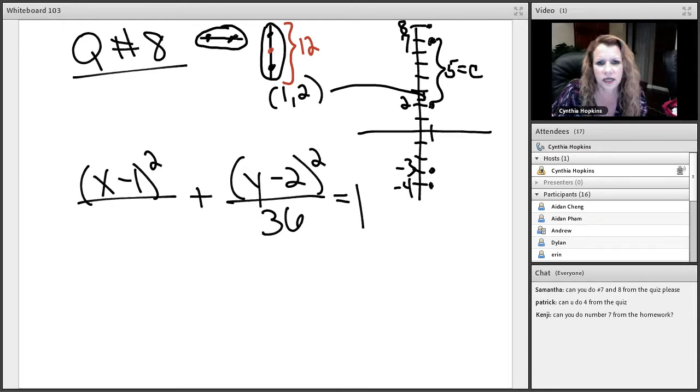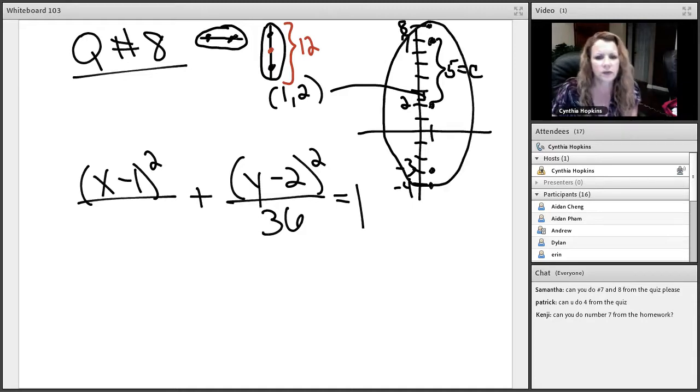And so I'm just going to kind of arbitrarily draw my ellipse without knowing what my x radius is yet. All right, so there's my ellipse, and I don't know what my x radius is. So I'm looking for this right here, this distance from the center going to the right or to the left.